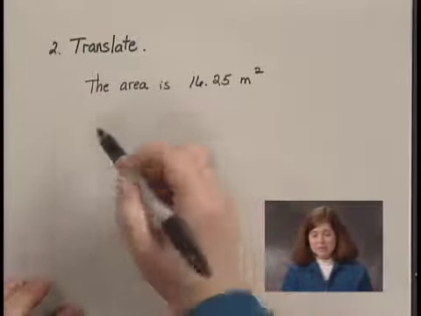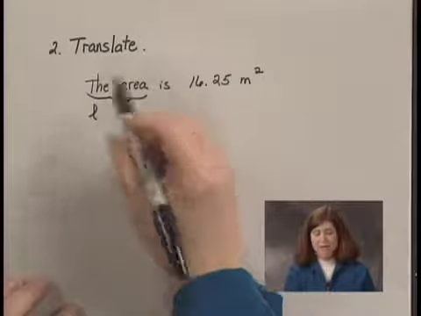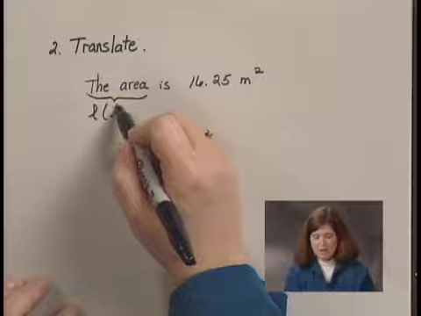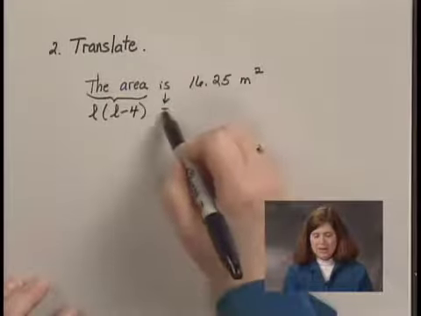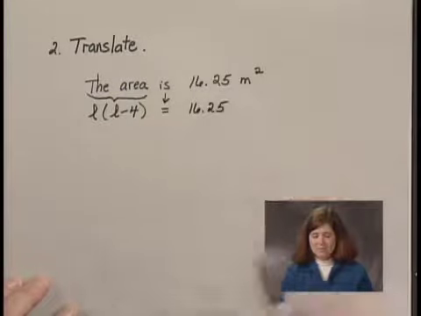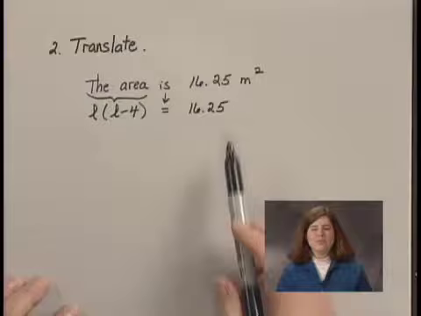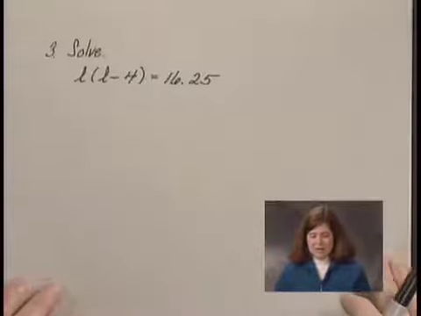Well, the area is length times the width, so we have the length L times the width L minus 4. And that equals 16.25. This gives us an equation that we can solve in our next step in the process.